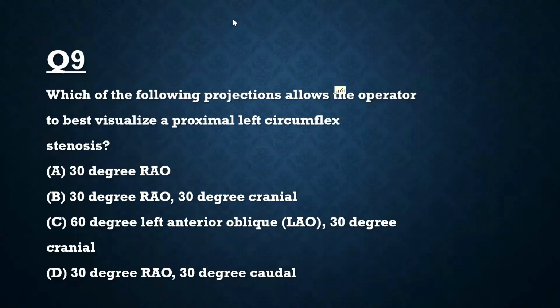Okay, you can read it, Muawiyah. Go ahead. Which of the following projections allows the operator to best visualize proximal left circumflex stenosis? 30 degree RAO, 30 degree cranial, 30 degree left anterior oblique, 30 degree cranial, or 30 degree RAO, 30 degree caudal?